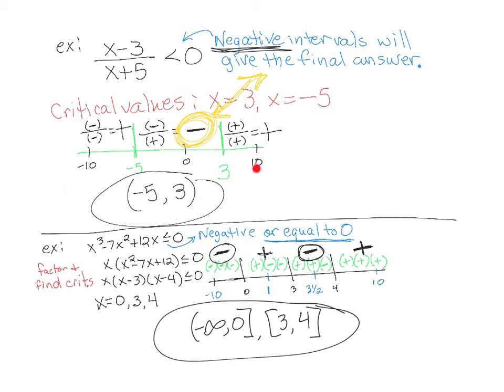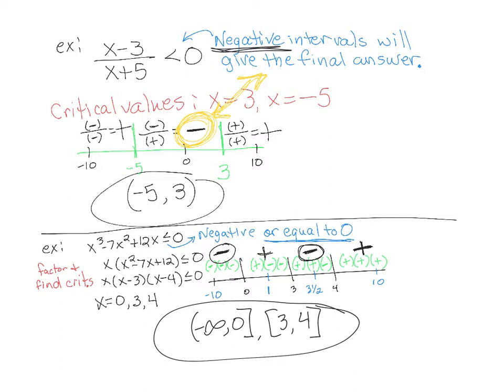If you take that 10 and you plug it in here, you're going to get a negative number over a positive number, which makes that not true, right? That's the whole point of solving any problem, is to find the x values that make the original question true, okay?